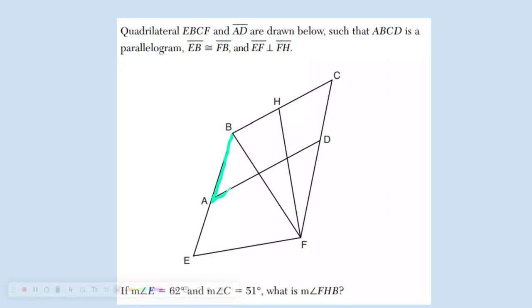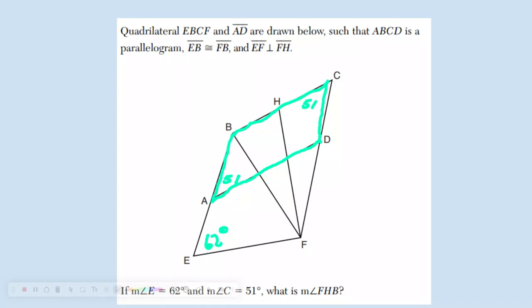Here's a parallelogram. Just using my kindergarten skills again, trying to bring it out. All right, so we have a parallelogram here. And it's saying that angle E is 62 degrees, so let's just write 62 degrees in here. Angle C is 51. Remember, if C is 51, then A is 51, because they're opposite angles in a parallelogram.